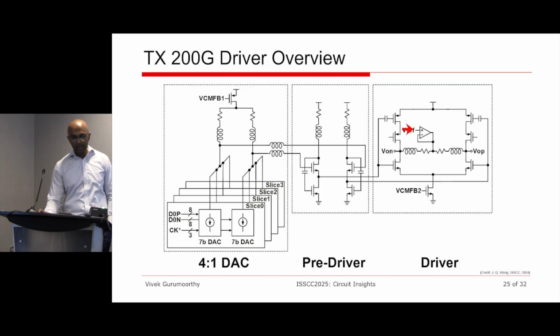And we have a cascode device in between, because when you start swinging full swings here, you need to make sure that the devices don't go out of their limits. Whichever fab you manufacture with, they will tell you that you can't take this transistor beyond a particular limit of voltage swing, right? So we use a cascode device to protect those. And then we have the same 50 ohm termination with some bandwidth boosting techniques.